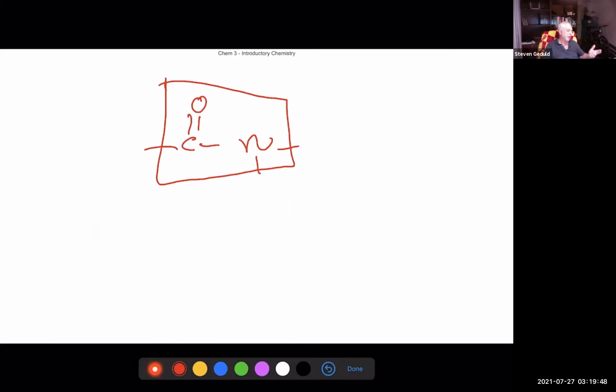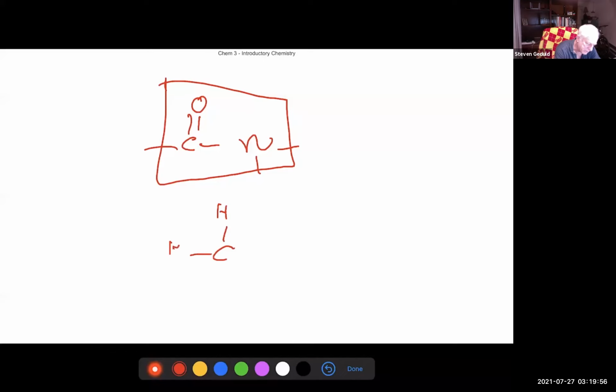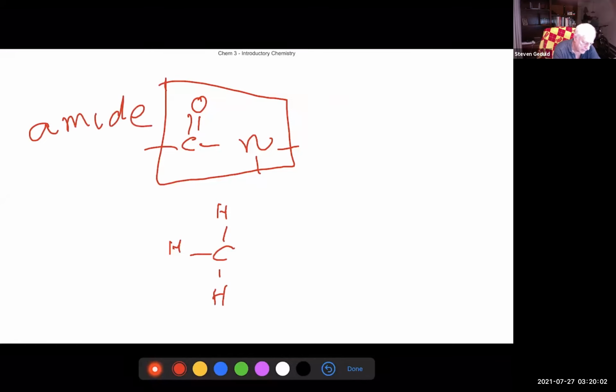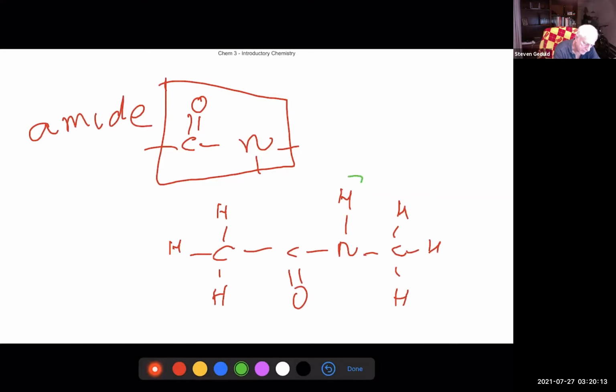So if you look at the ones she has, there's only one form that has that, and this is the one you would check if you're looking for an amide. Okay, and here's a group that doesn't. That's an amide right there. So that's what you would circle.